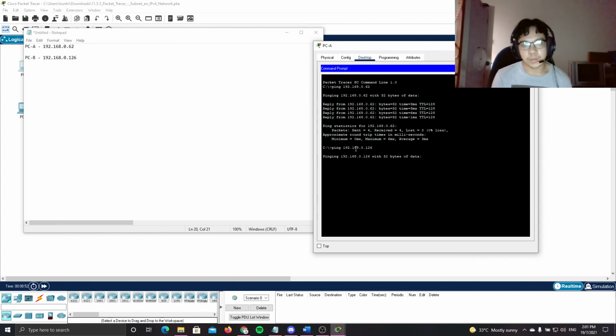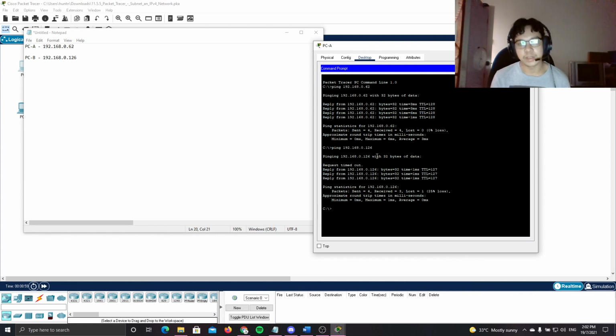Does it get a reply? Yes, it does receive a reply. So that means both of the subnets are working and are connected together.